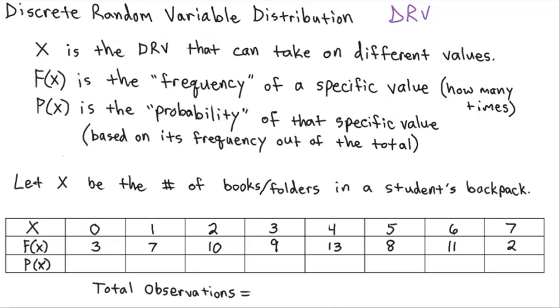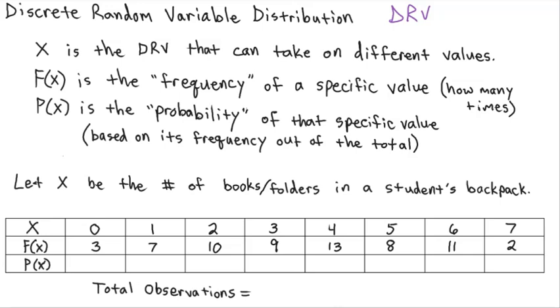f of x is what we call the frequency of a specific value. So the frequency of 2 books. That's how many times that number came up in a sample, let's say, okay? So what we have here is this. How many students had 0 books in their backpack? 3 students.